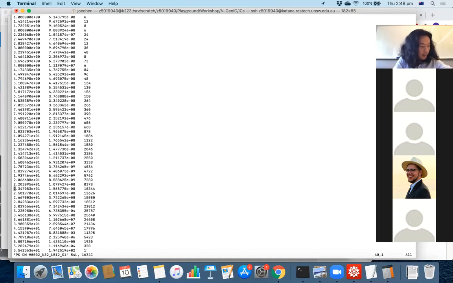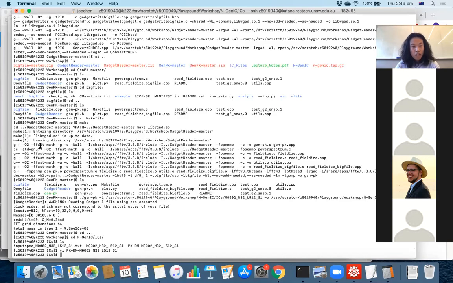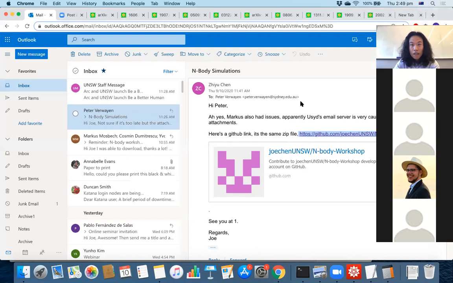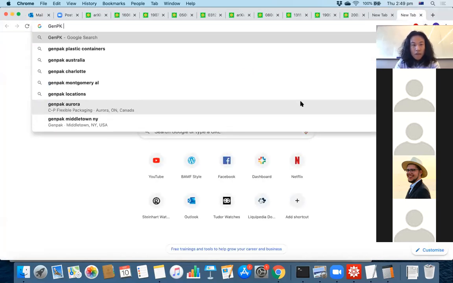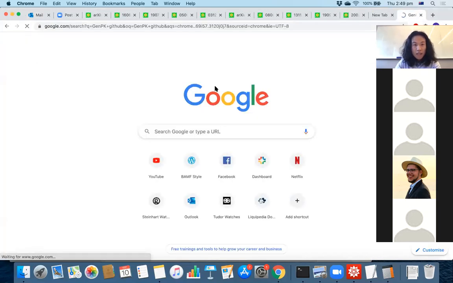The one annoying thing about GenPK is that these are not in physical units, these are in Fourier units. So if you want to plot this power spectrum, you have to multiply by factors to put them into Mpc/h. Simeon Bird actually documented this quite well.